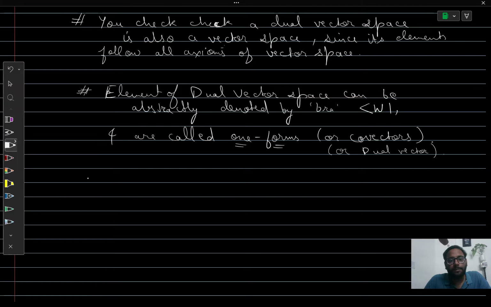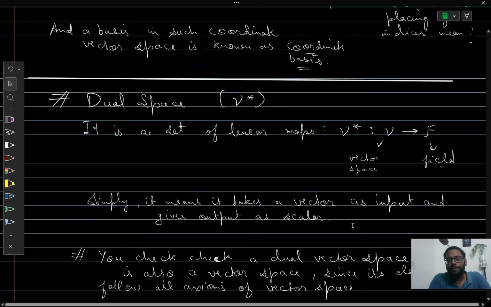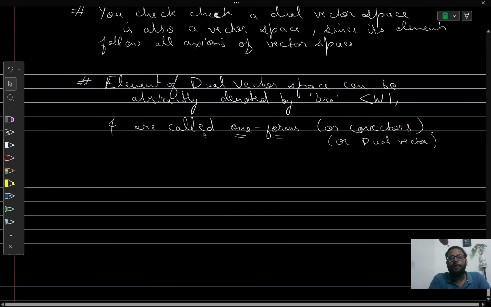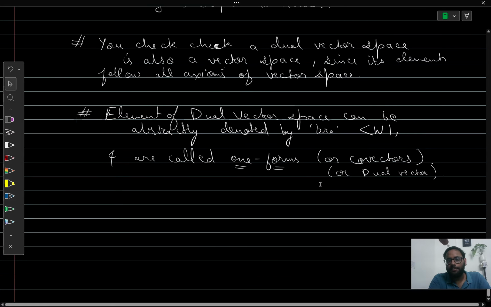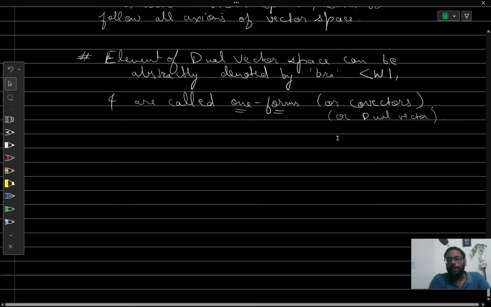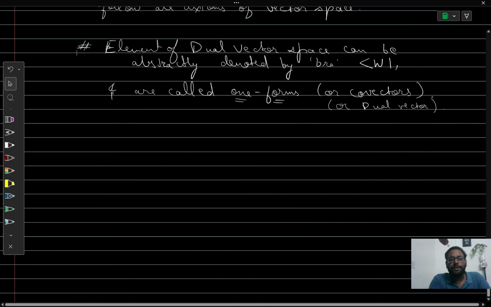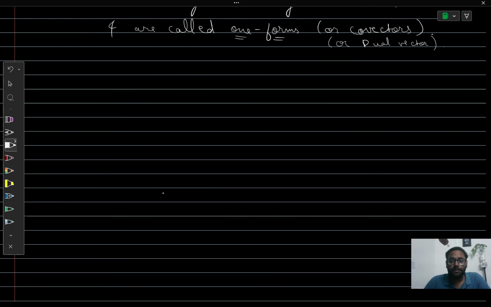So the dual vector space we have defined is just a set of linear maps. And it is also a vector space because its elements do follow all the axioms of the vector space, and its elements are denoted by this bra notation and are called the one forms.